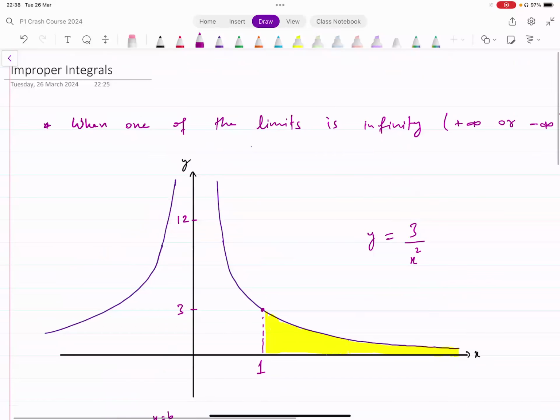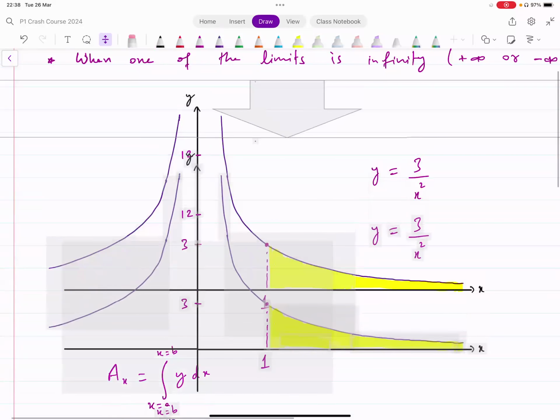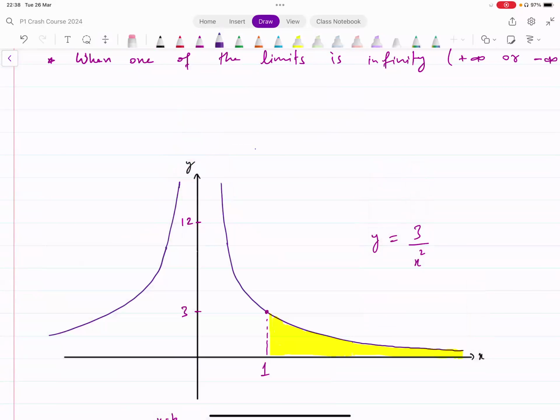And now we're interested in finding this region. Area between the graph and y-axis here. What would that be? That will be all of this region. And so now we want to find this area.